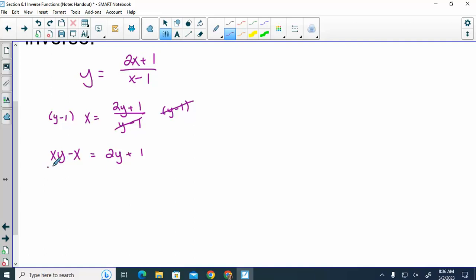Alright, both of these have a y, so I want them on the same side. I'm going to subtract over this 2y. Since this x is by itself, I'm going to add that to the other side. So I'm reordering everything with a y on one side and everything without the y on the other.